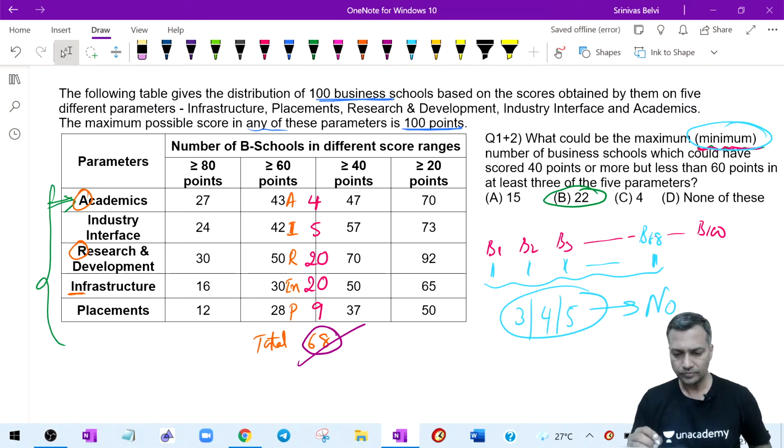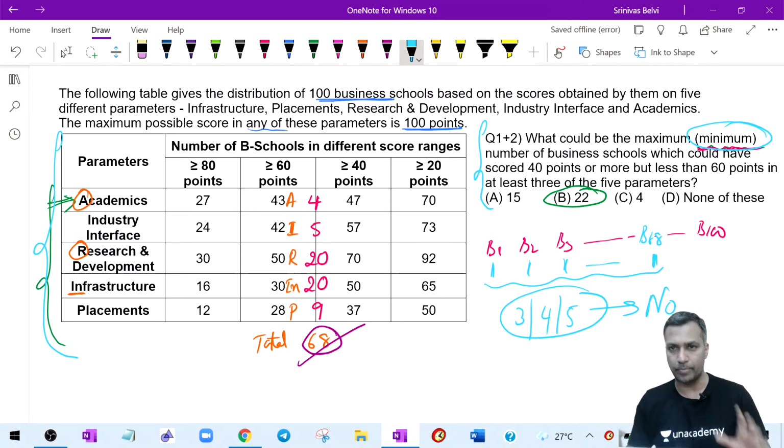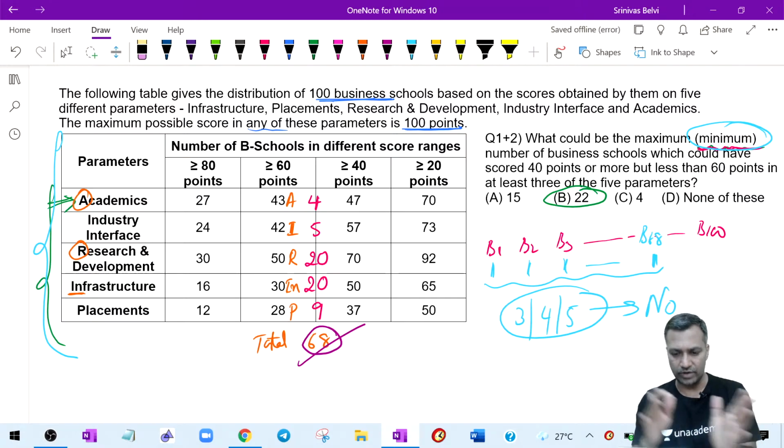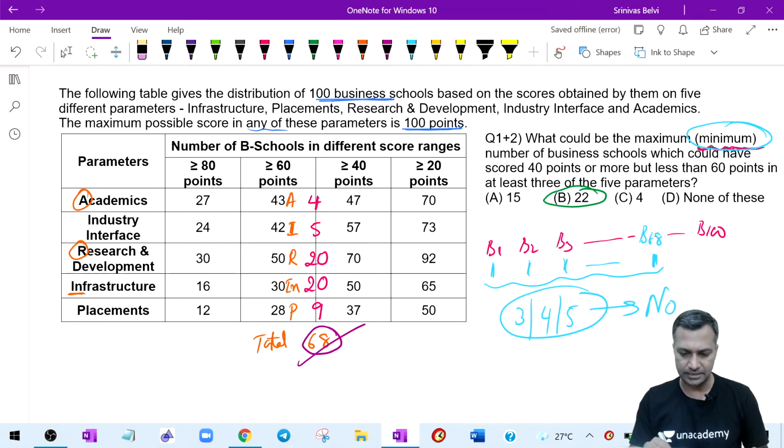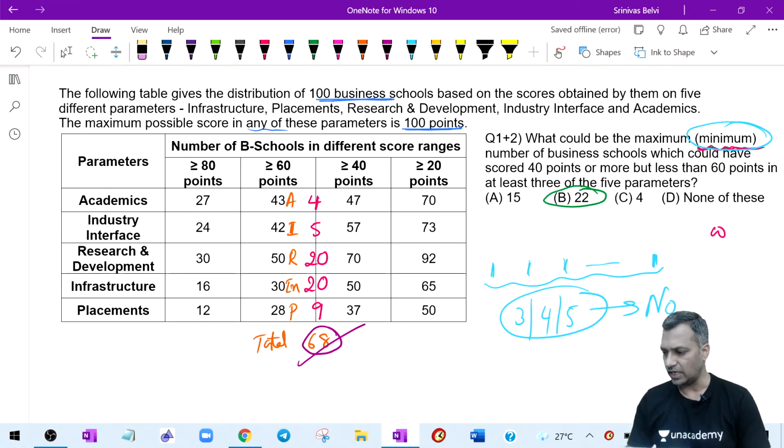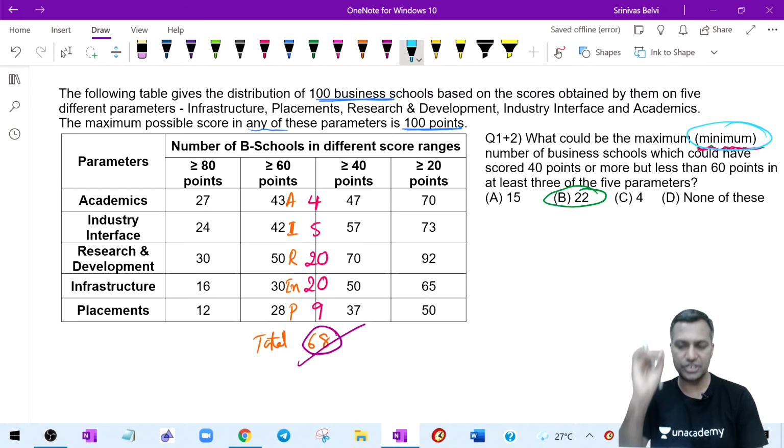Is clear? Understanding of data as well as how the questions are built is clear. Did you understand what the setup we did yesterday, how it is working on this CAT question? Making sense? Everybody? Right? On the face of it, they look different. That's where I say that you need application skills as well.